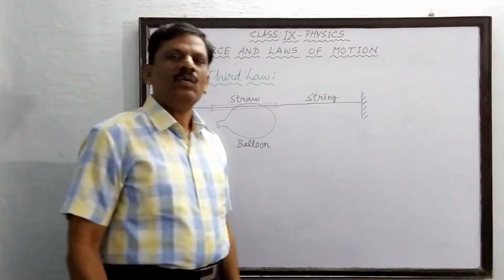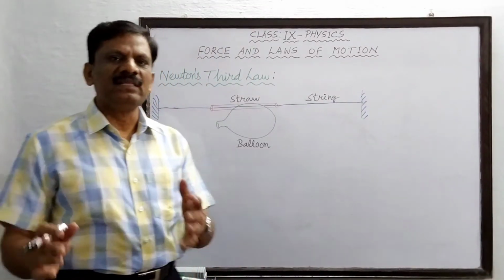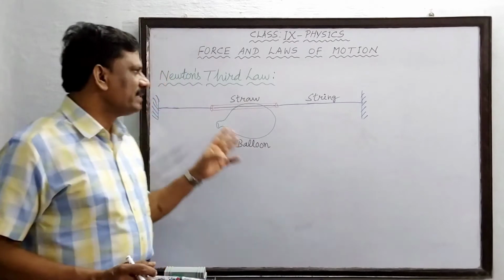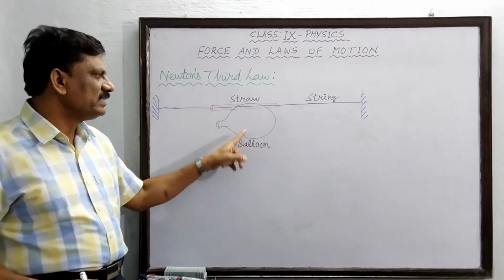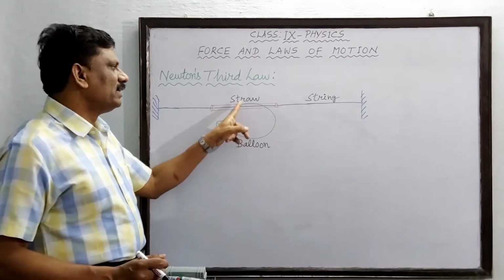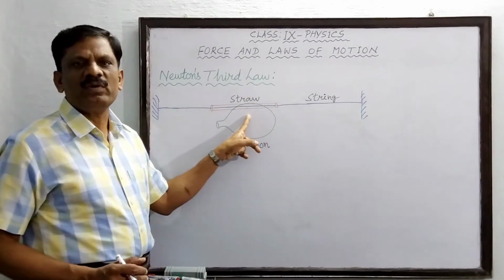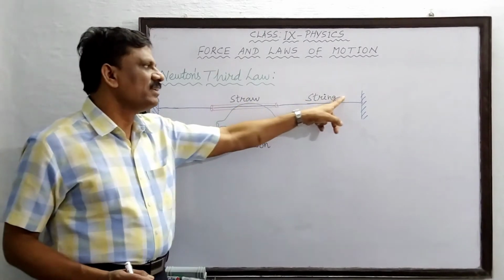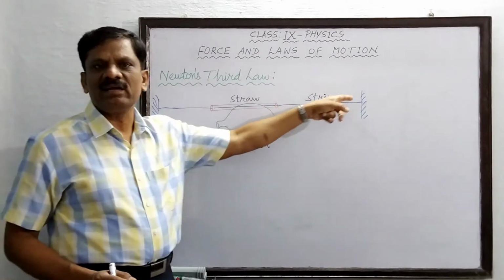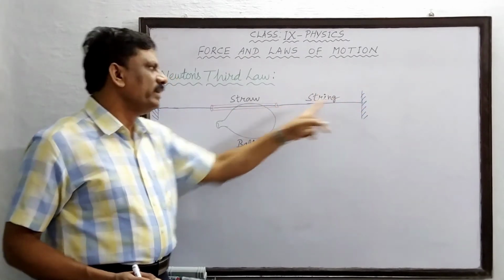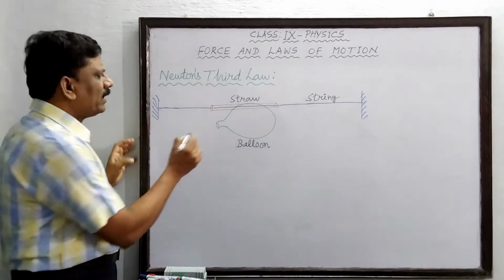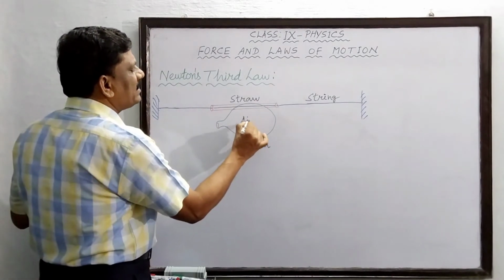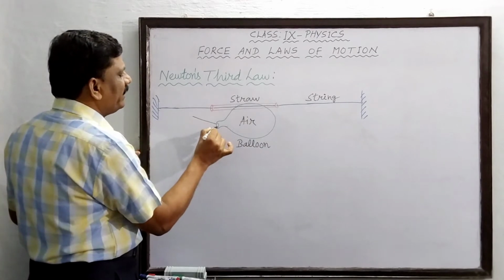Okay students, you must have seen that activity. That same setup is drawn on the board now. This is a balloon which is inflated and this is a straw over which the balloon is fixed, and a string is passing through the inner layer of the straw and the two ends of the string are fixed to walls. Now what happens when the air present inside the balloon is released like this?